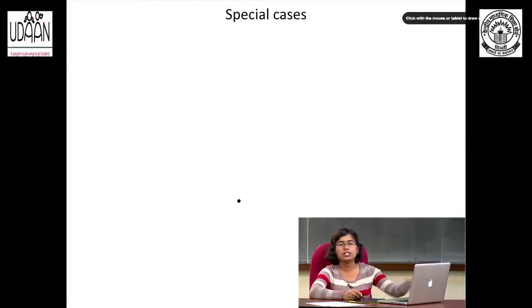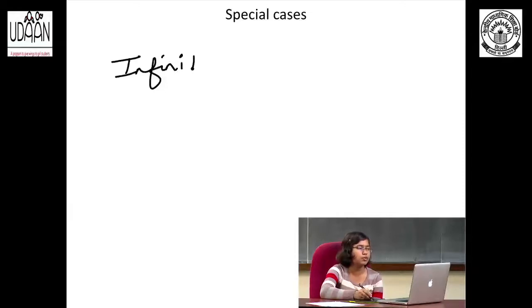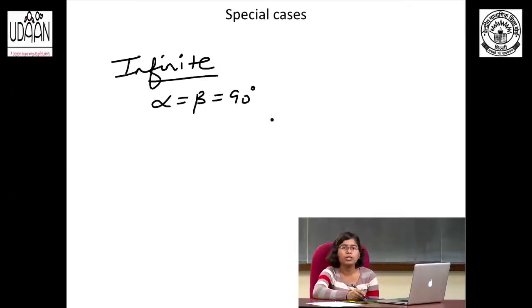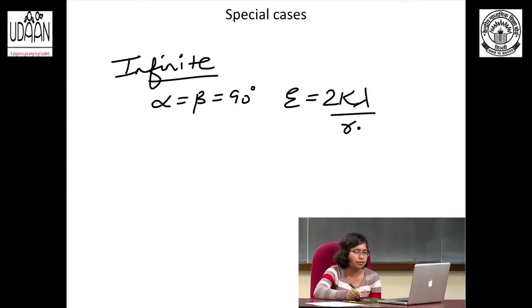Now let us consider some special cases. The first case is the case of infinite wire where the two angles would be equal to 90 degrees, that is alpha is equal to beta is equal to 90 degrees. Putting this in the formula, we will get that the net electric field is equal to 2k lambda by r.